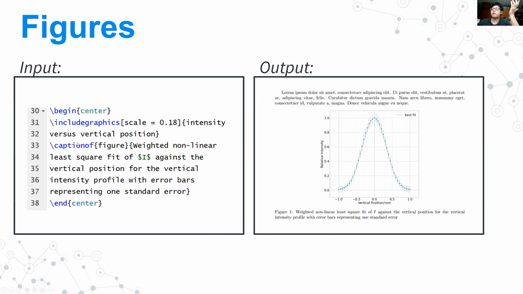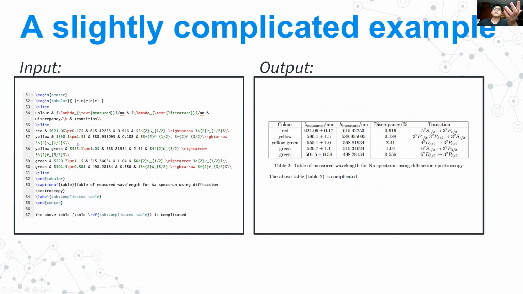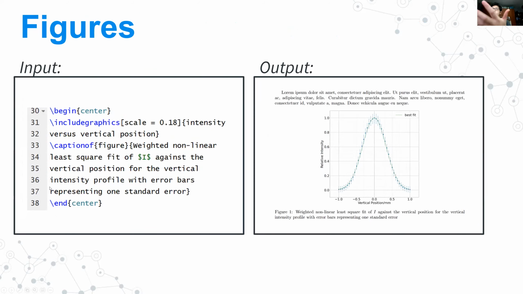Remember for tables, we have caption of table. But now since we are doing a figure, we can put caption of figure, followed by what you want to label the figure with. In this case, weighted non-linear least squares fit of something against the vertical position. So it's just like that.